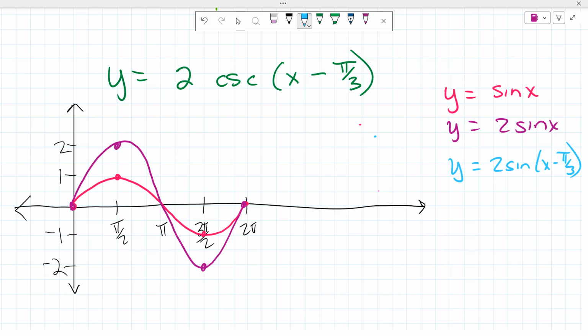To the right, pi over 3. Pi over 3, I said, was 2 squares, because if it's 6 squares to get to pi, 1/3 of 6 is 2. So 2 squares to the right, 2 squares to the right, 2 squares to the right, 2 squares to the right, 2 squares to the right.